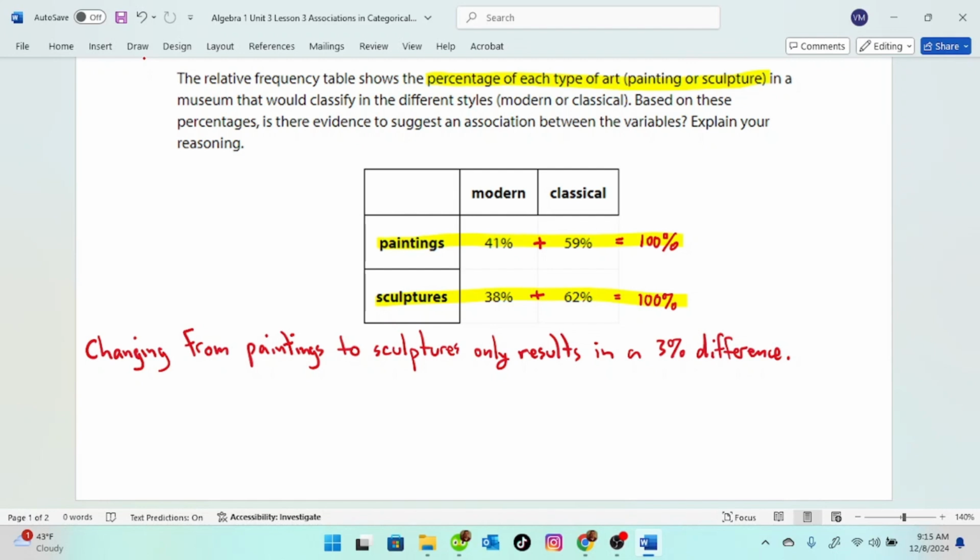A 3% difference is not significant. So we would say there is no association.